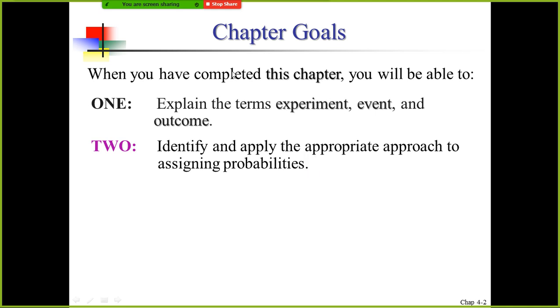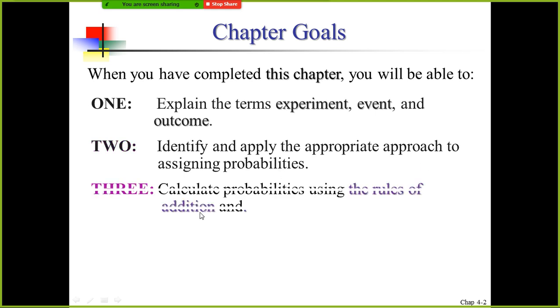So after you complete this chapter, you need to know how to identify and apply the suitable approach to assigning probabilities. Third, you will be able to calculate probabilities using the rule of addition.